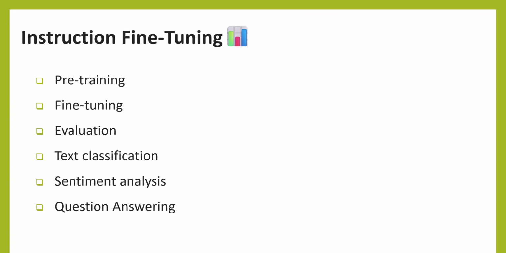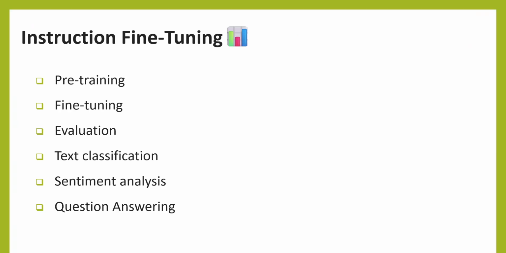Next comes instruction fine-tuning, which is a technique used to adapt a pre-trained language model to follow specific instructions or tasks. The goal is to fine-tune the model to understand the instructions and generate responses that are relevant and accurate.